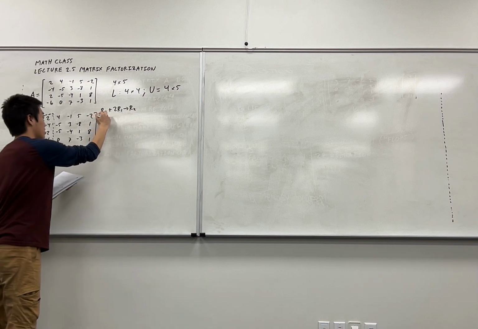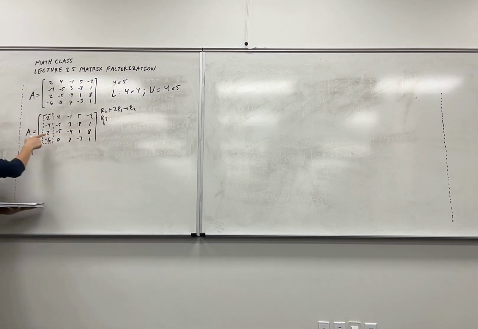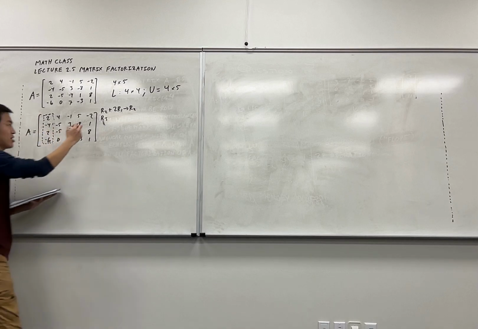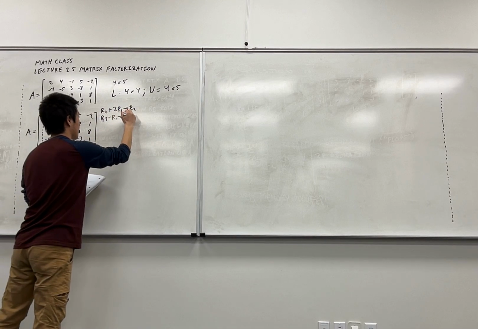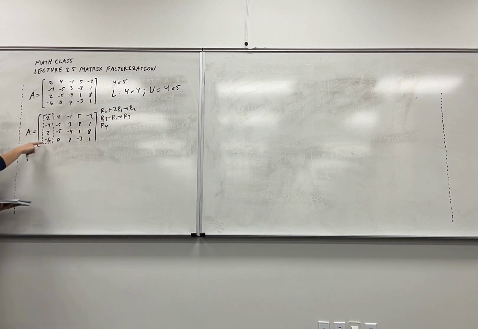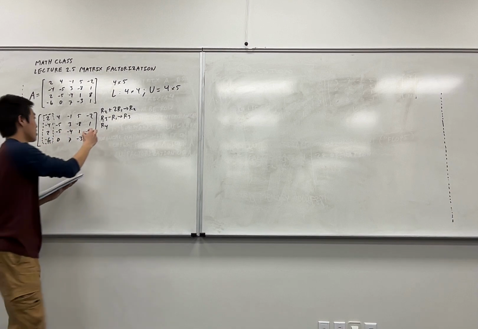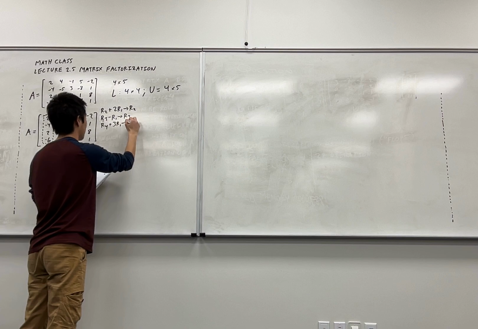For row 3, well, R3 is just 2, so I can subtract R1 and return that to R3. For R4, this is minus 6. So I'll add it to 3 times this, so I need to triple this one. So plus 3R1 to R4.